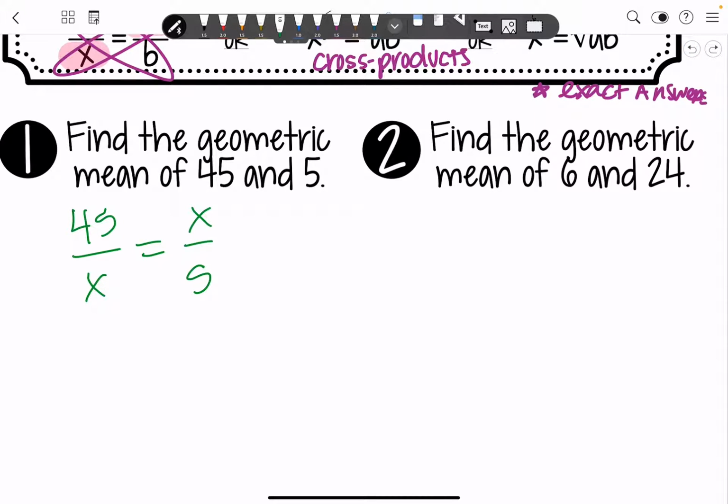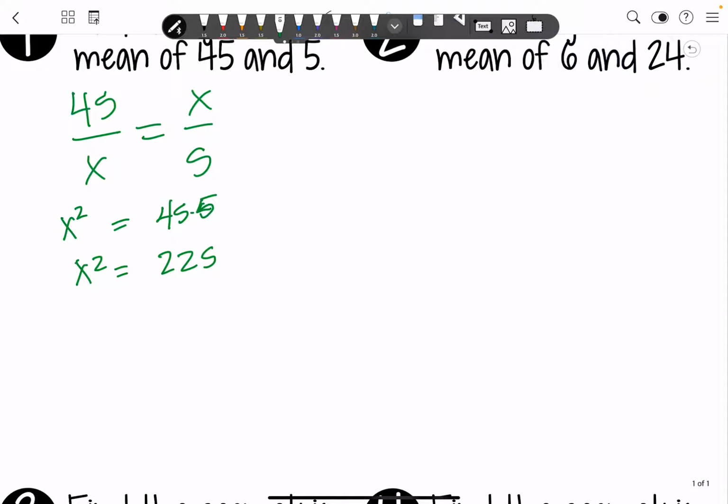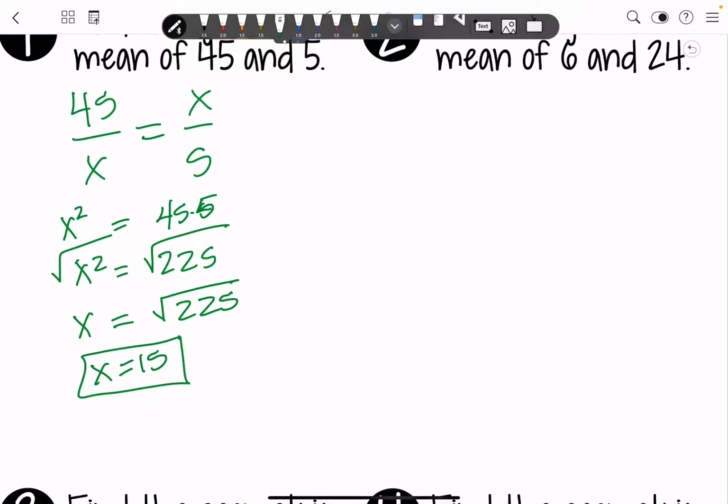We cross multiply, and we get x squared is equal to 45 times 5, which is 225. To solve for x, we undo that square by taking the square root of both sides, and we get x is equal to the square root of 225. If you remember your perfect squares, that is 15. And that's your final answer.